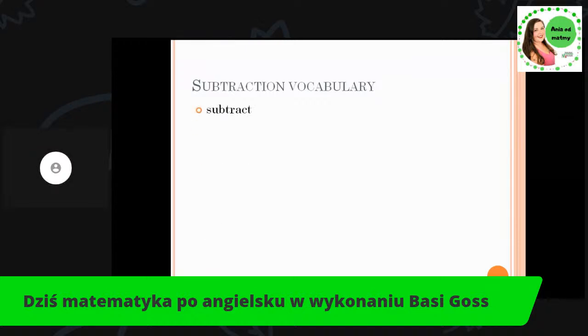So we had subtract, we had minus. Kasia: fewer, take away, subtract.